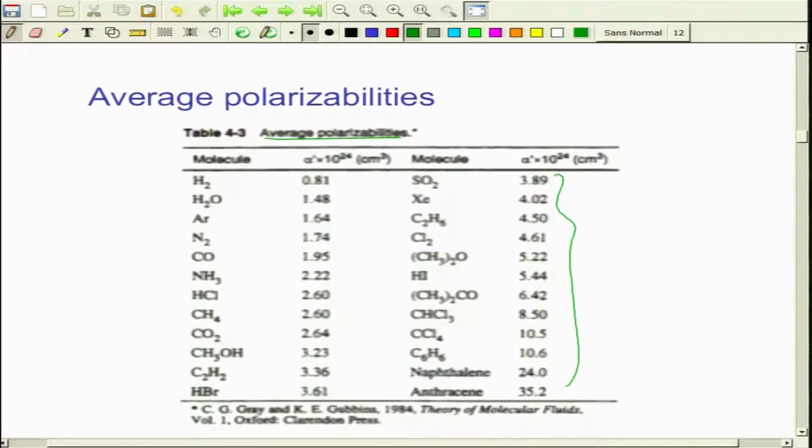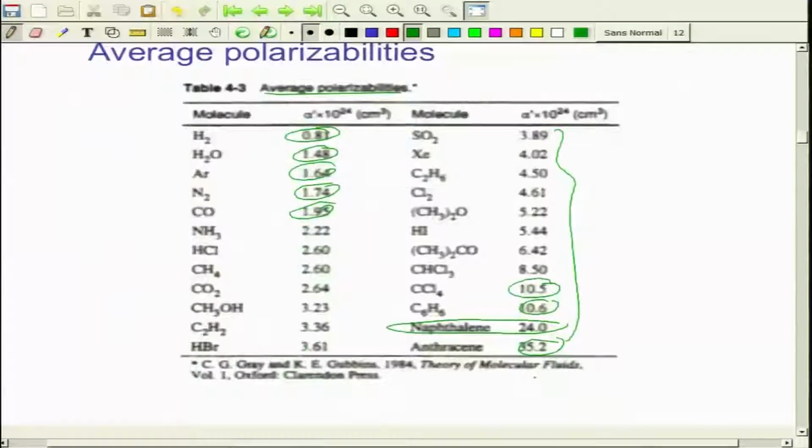For example, naphthalene is very highly polarizable, which means it will get a very high induced dipole. On the other hand, water is here, argon is here, and these are very small values compared to CCl4, citric acid, anthracene and so forth. So that was the induced interaction.